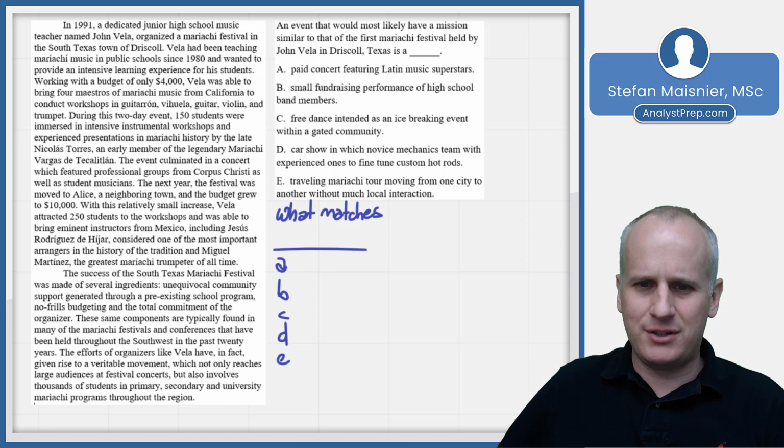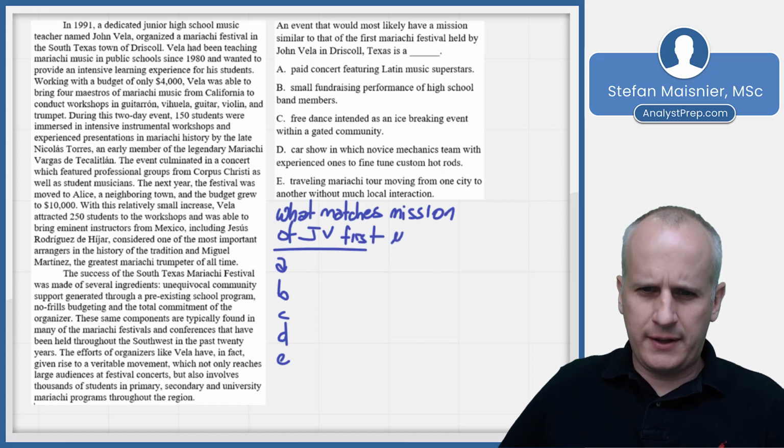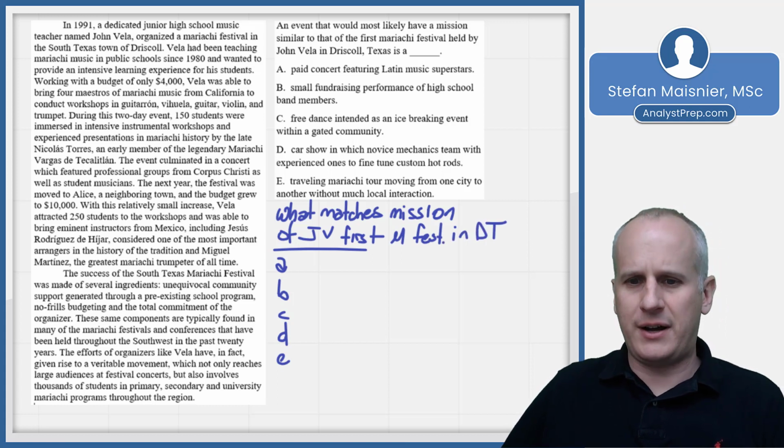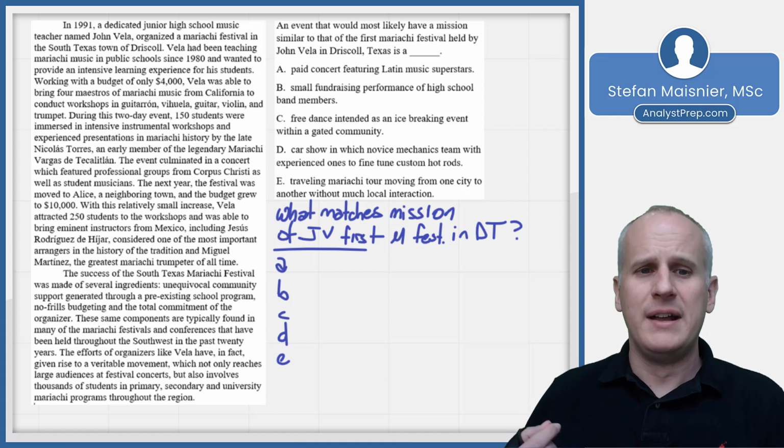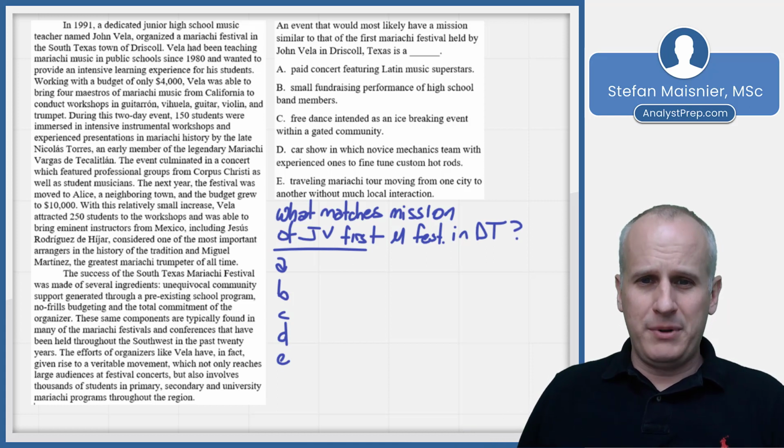So, what matches the mission of John Vella's first mariachi festival in Driscoll, Texas? So, I just need to figure out what the original mission was for the very first mariachi festival.